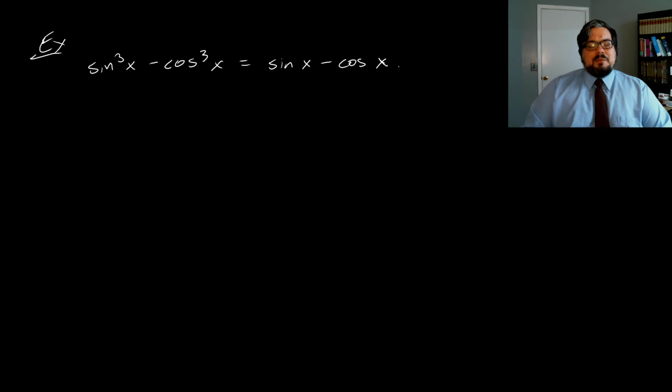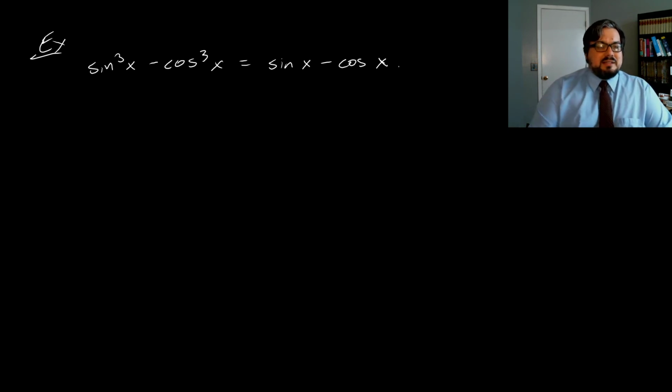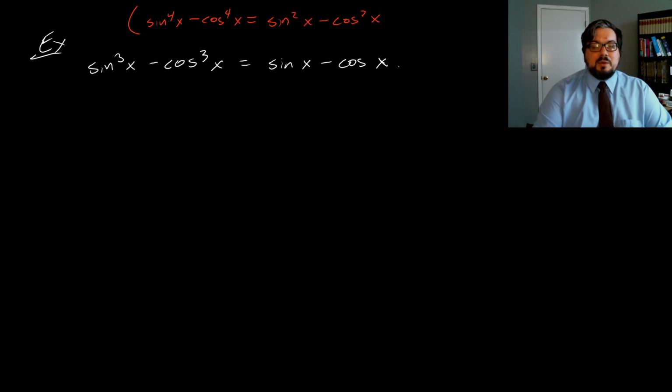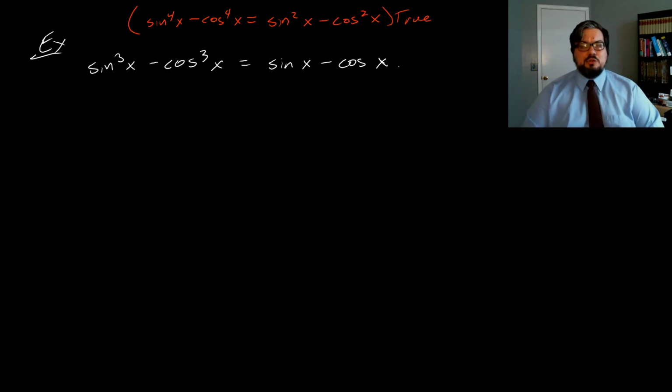Now, the reason why we might come up with this is because it turns out that, in fact, sine fourth x minus cosine to the fourth x is equal to sine squared x minus cosine squared x. It turns out this is true. This is an identity, and you should have this in your homework.